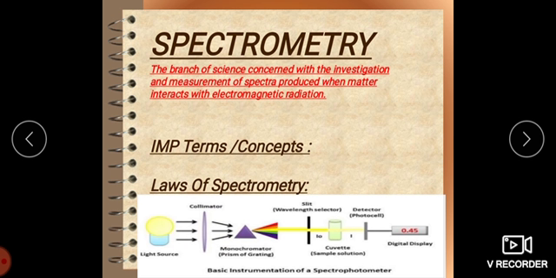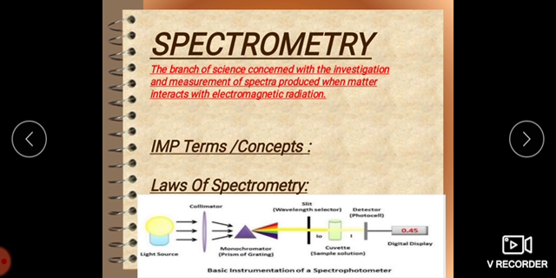The collimator aligns all the light from the source and it falls on a prism and grating, that is the monochromator. The prism gives light with rainbow colors, different colors, and that light falls on the slit.